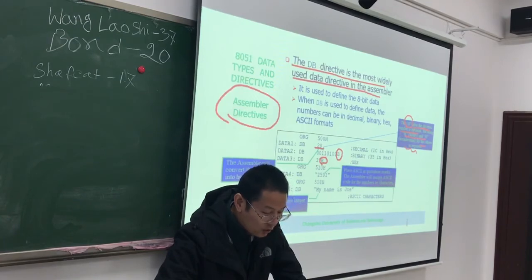When you use decimal, the assembler will try to convert the numbers into hex.